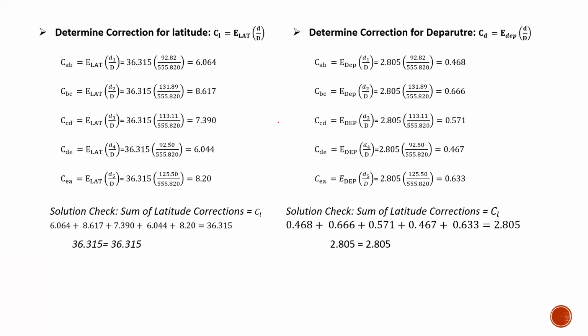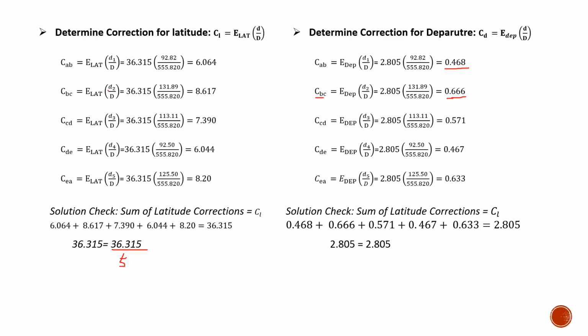So, as you can see, dinistribute natin. Yung sa course AB natin, meron lang tayong iti-take na correction na 0.468. Yung correction sa line BC, meron tayong 0.66. As you will observe, hindi natin dinivide ito by 5 and saka natin i-distribute yung error, or ibig sabihin pantay-pantay silang error. Yun nga, sinabi ko doon sa first slide natin, yung principle ng compass natin, pag mas mahaba yung length, mas malaki yung error.